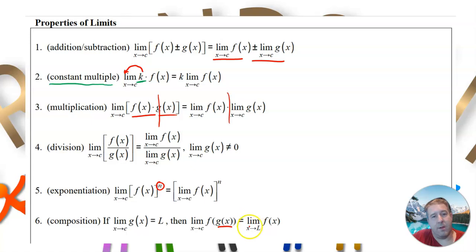So the limit as x approaches whatever the limit of that inner function was, you put that number right there, and then just do that to the outer function. There is a day that we're going to do this lesson. This lesson can actually get very tricky, but this is just the basics of manipulating the properties.